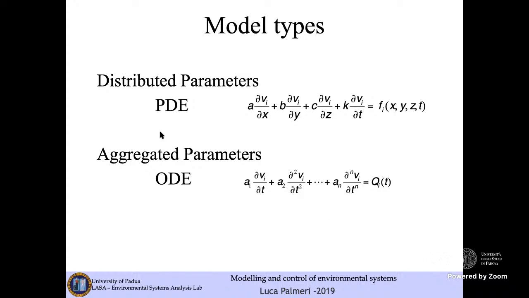Please remember, in partial differential equations typically we employ first order derivatives, as is the case, while in ordinary differential equations we may employ different order derivatives: first, second, third, and so on.